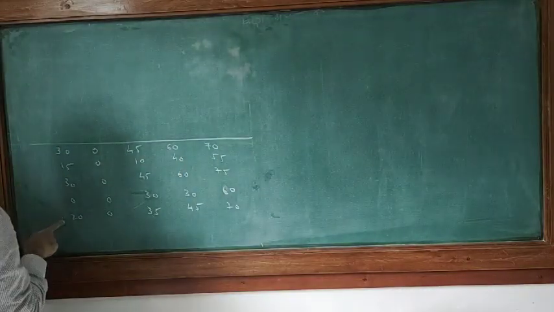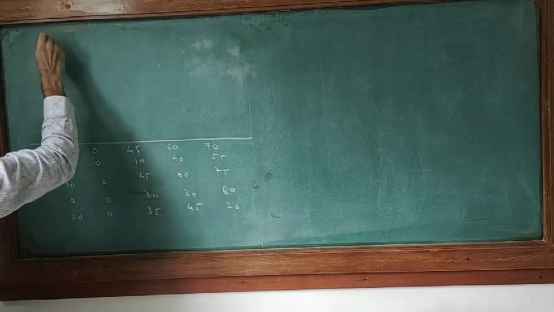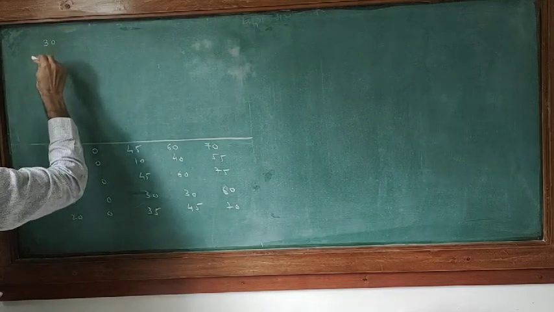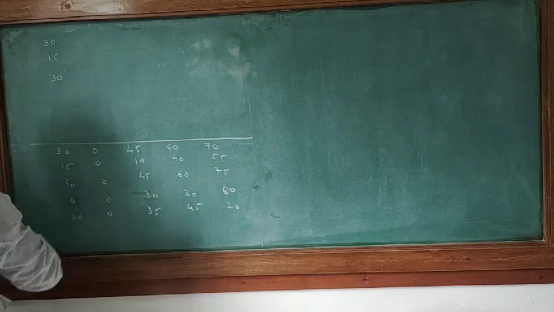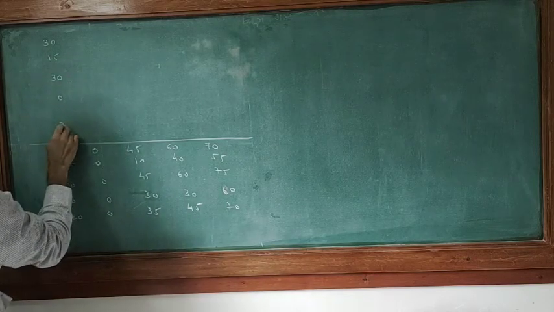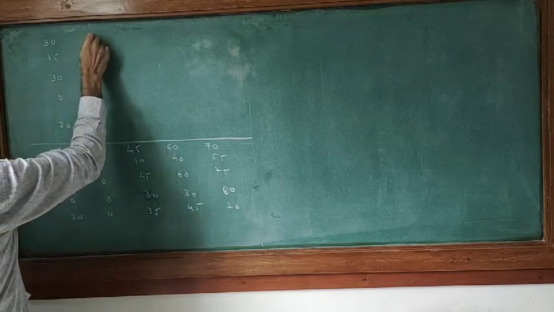So from the column, 0 is minimum, which gives 30, 50, 30, 0 and 20. All entries are 0.